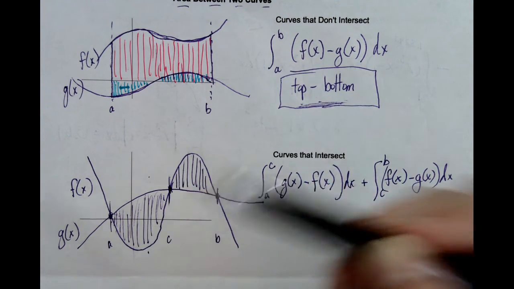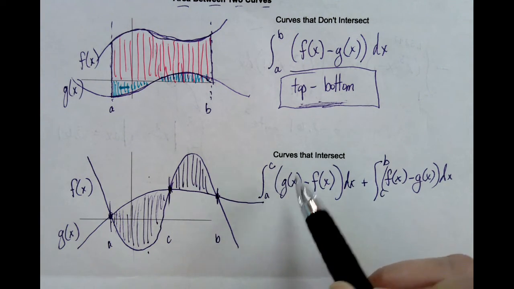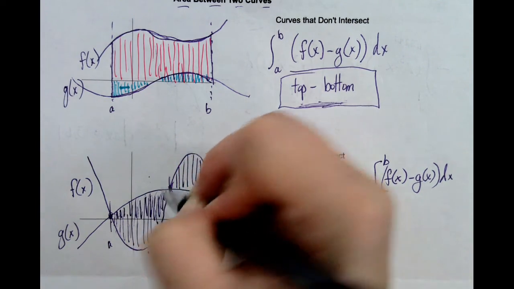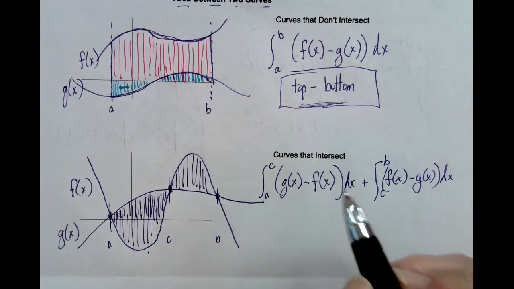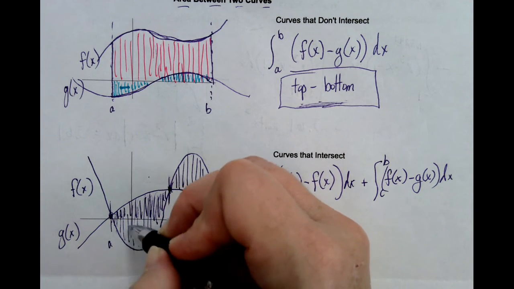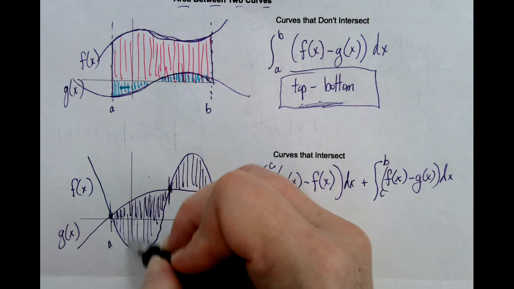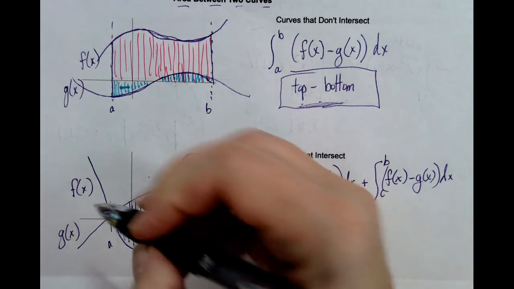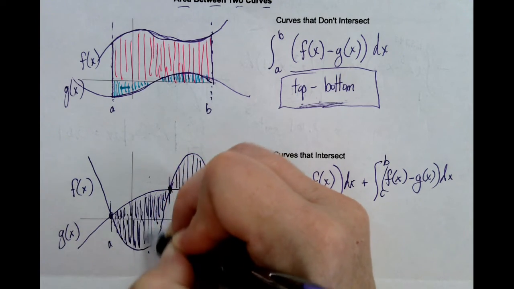If I do g of x, then I get this top area. And if I do f of x, I will have a negative area because that's below the x-axis. So if I subtract, then it would be this altogether.